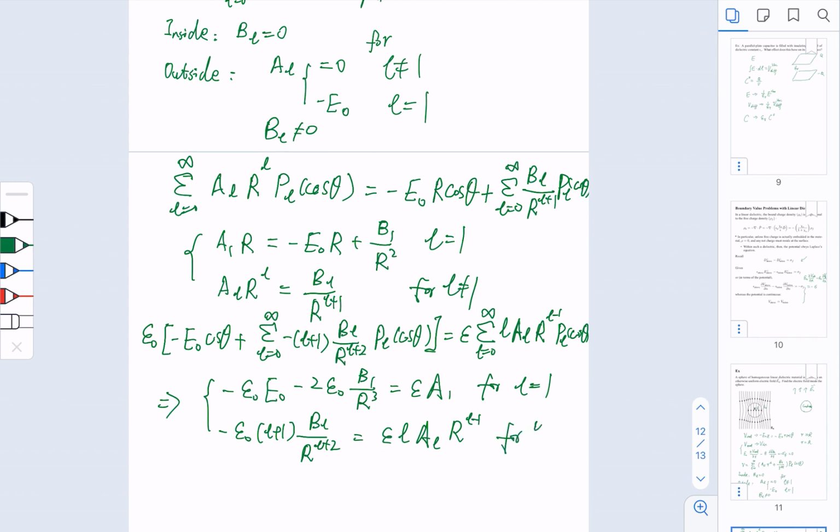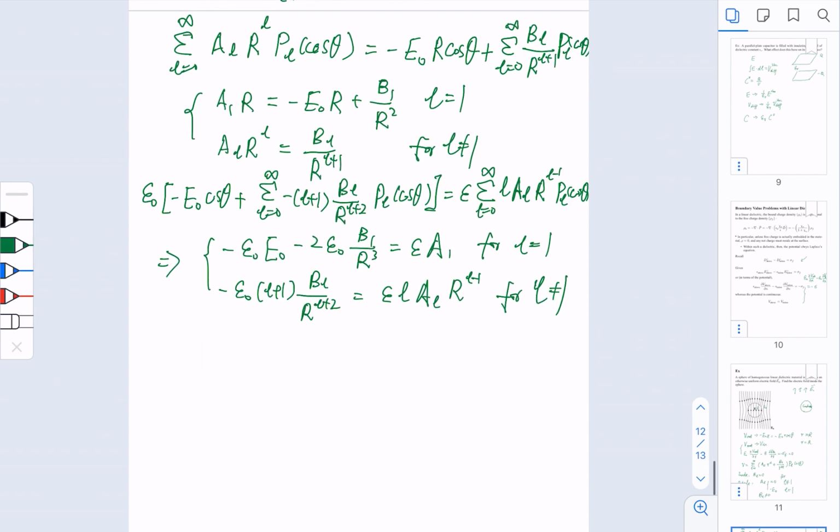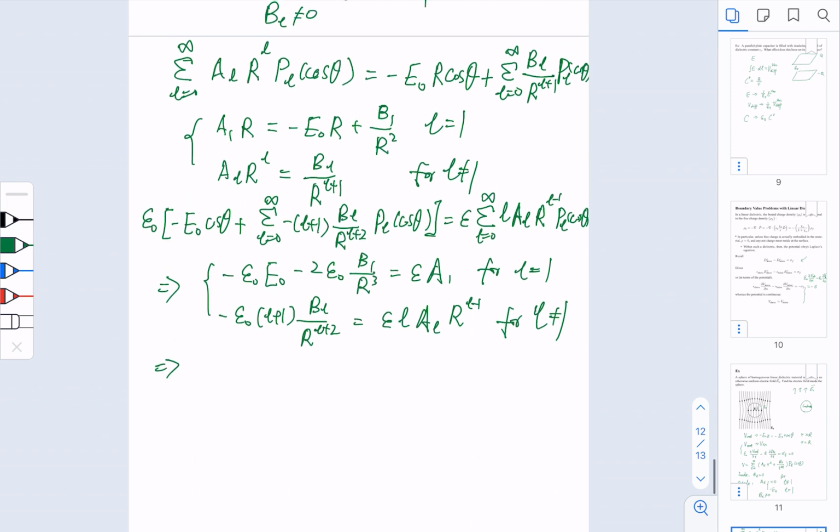But for other L's, it's simply a simpler version of the boundary conditions. Now you can solve. You simply combine the expressions in the brackets here and here.